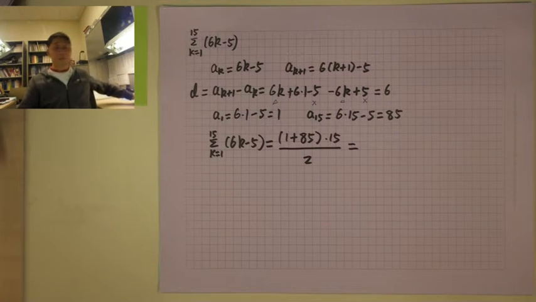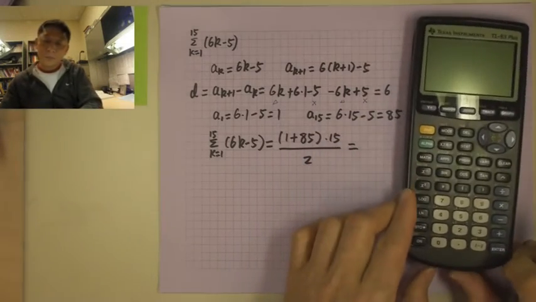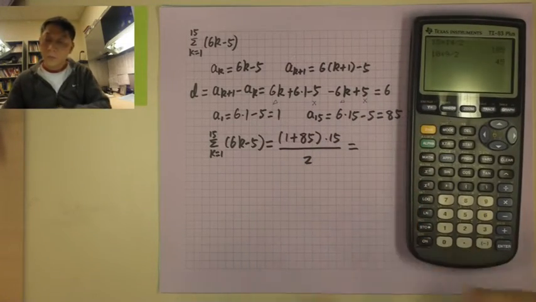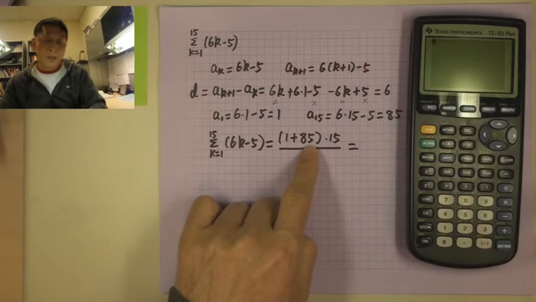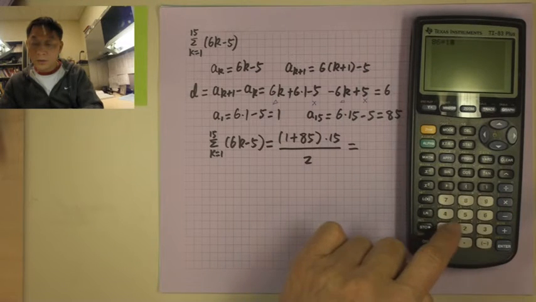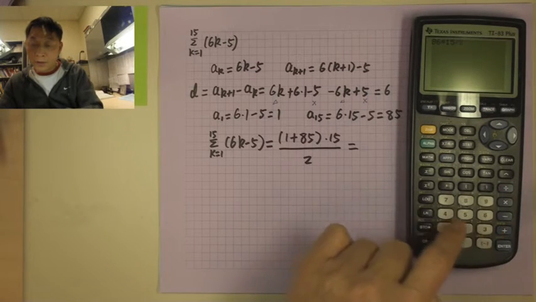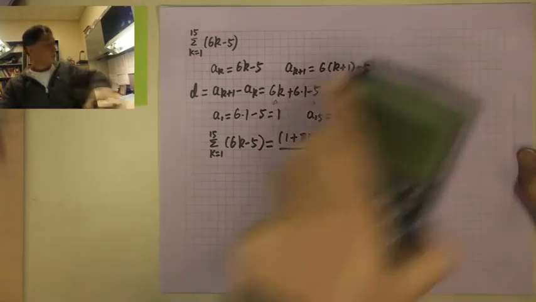And this way is fairly quick. So you do 1 plus 85 is 86, times 15 divided by 2. That's 645.